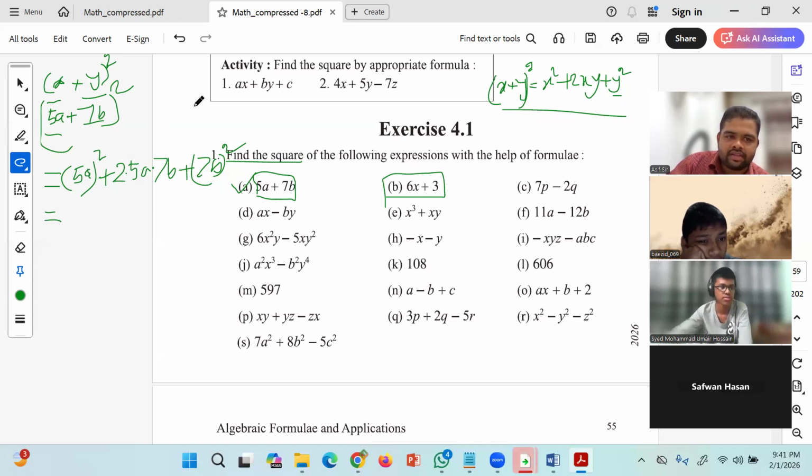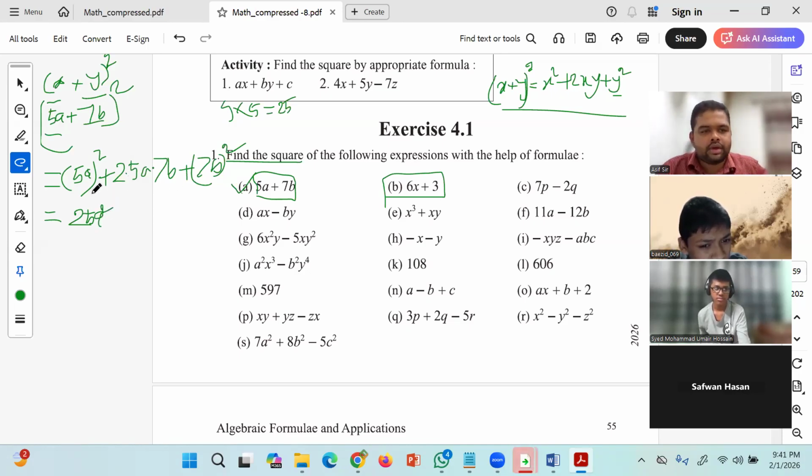So 5 squared means 5 into 5, that means 25. So we have to write 25 here. And a is also squared, but a doesn't have any value right now, so we can write a squared here. Have you got it? How I got 25a squared here? Sorry for the bad handwriting, actually. I'm using the mouse here.